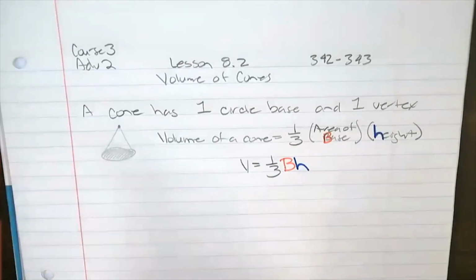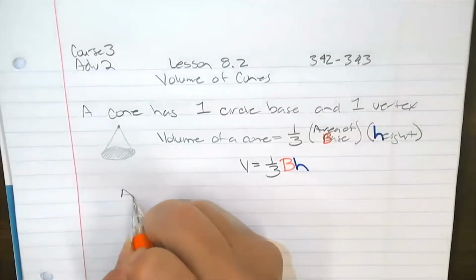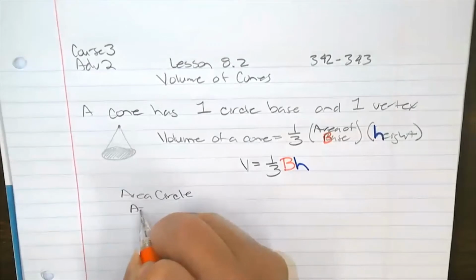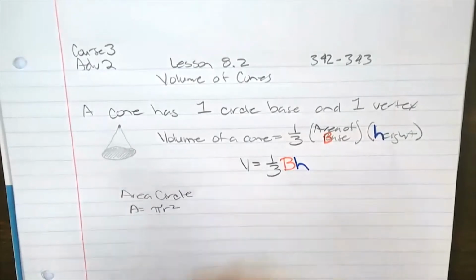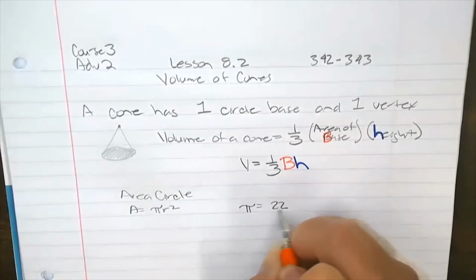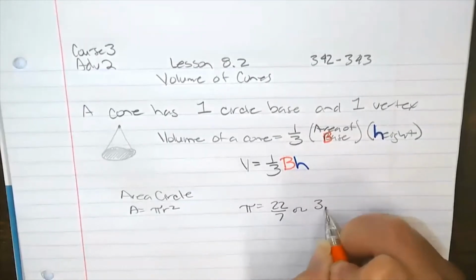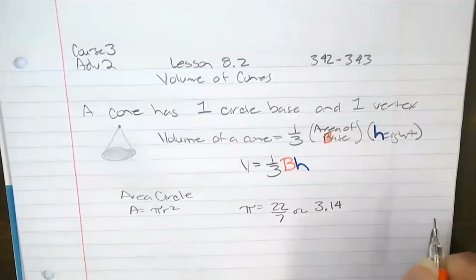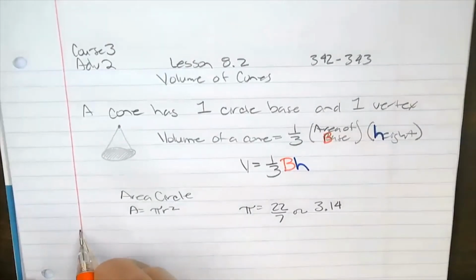We need to know that the area of a circle is equal to pi r squared. And we need to know that pi is equal to 22/7, or 3.14. So this is the nuts and bolts of today's lesson.